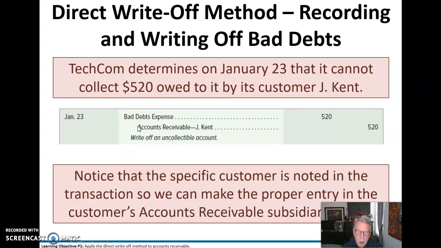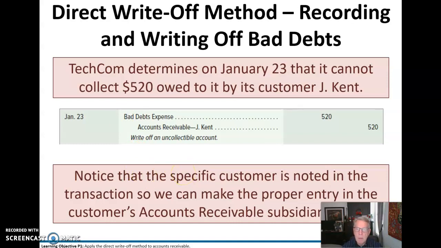That's the direct write-off method. And notice that the specific customer, again, J. Kent, is in that accounts receivable subsidiary ledger, as indicated here. Okay. So as you see, we don't debit sales. We debit bad debts expense.